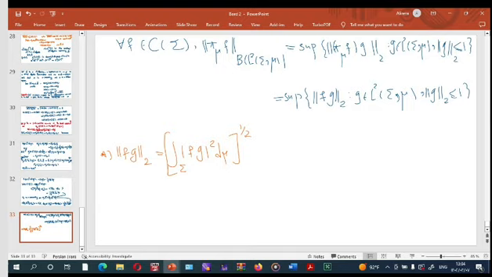And we know that this is less than or equal to this integral, the norm infinity of this, and then G to the power of 2 d mu.